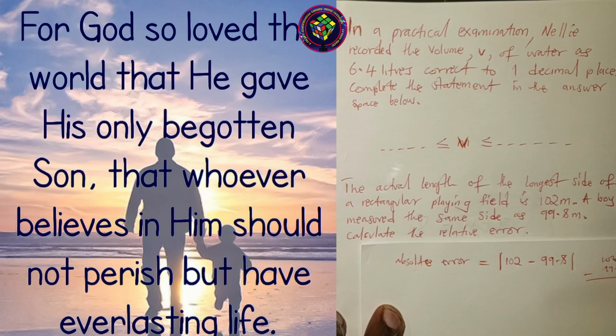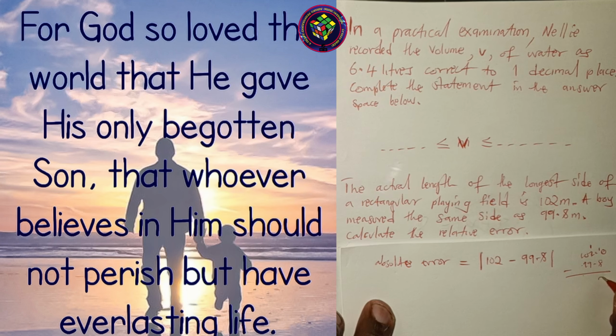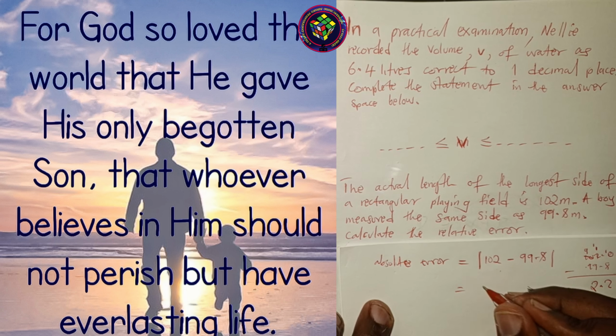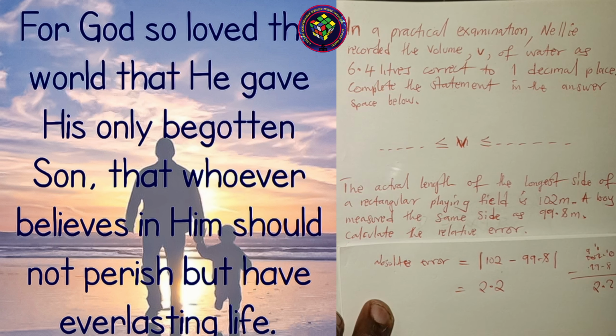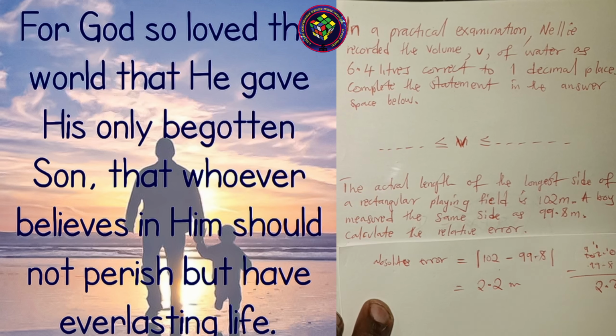So 0 minus 8, we get 1 from 2, remain with 1. There it will be 10. 10 minus 8, that is 2 point. Again we get a 1 from 10, there remain with 9. So we have 11. 11 minus 9, we get 2. That is 0. So we have 2.2. So the absolute error is 2.2 meters.